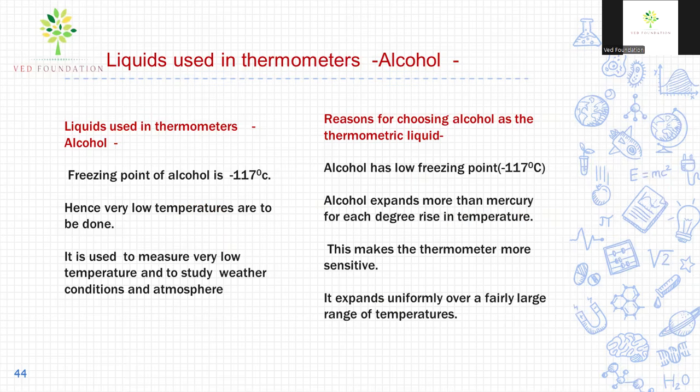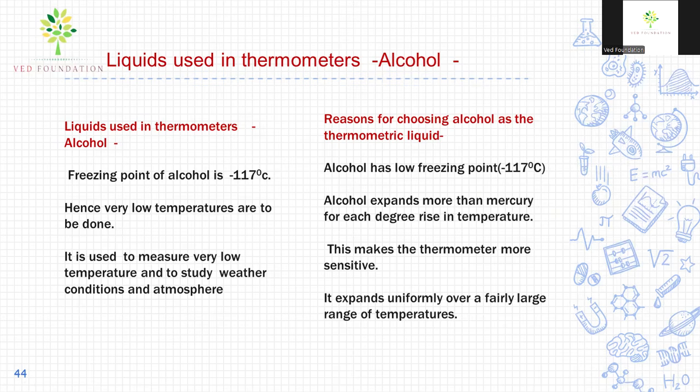Different liquids are used in thermometer. Thermometer is the instrument that is used to measure temperature, and different liquids like alcohol and mercury are used in thermometer. Liquid used in thermometer, alcohol. Alcohol is used in thermometer because of its unique properties. Freezing point of alcohol is very low, minus 117 degrees Celsius.